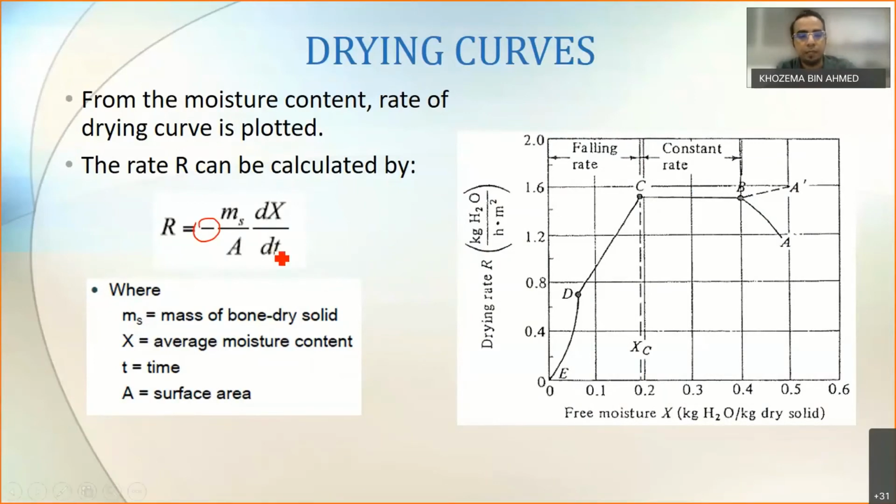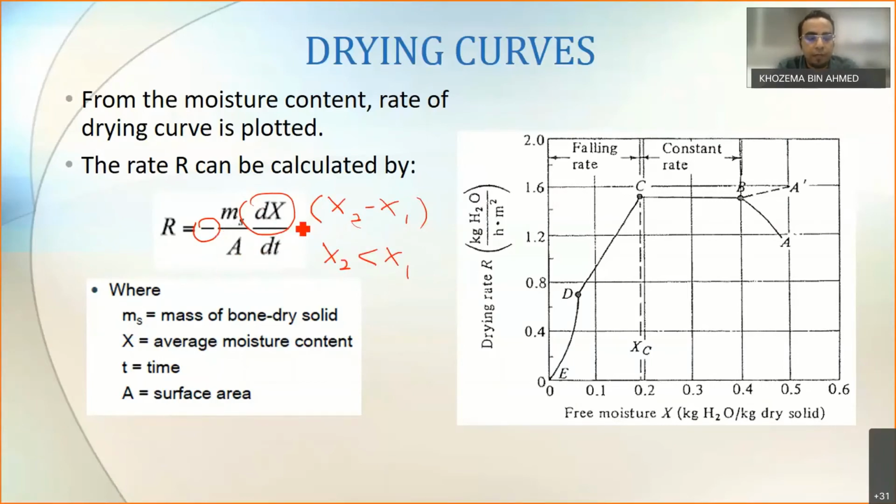It's the same as in Fick's law and in Fourier's law. Because our dx here is x2 minus x1, this is how dx is going to be if we integrate this equation, and the value of x2 is smaller than your x1. That's why we have this negative sign here.